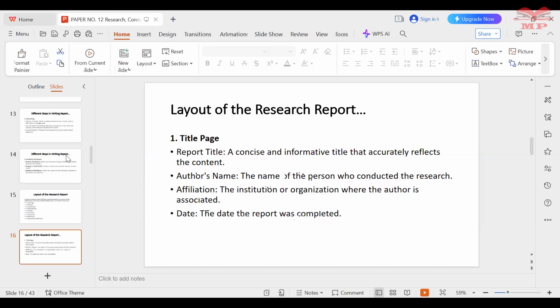Then the author's name. So the name of the person who conducted the research, or the names of the agency that conducted the research, should clearly be indicated, so that whoever is looking at the title page can see who are the authors of this particular report.